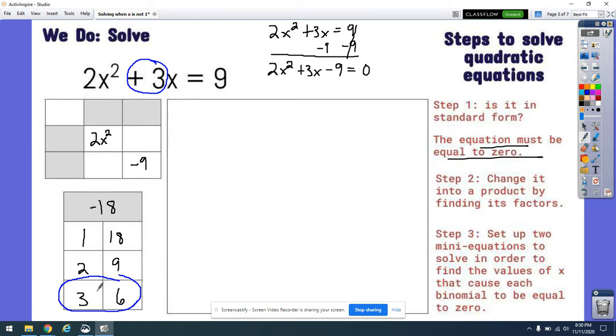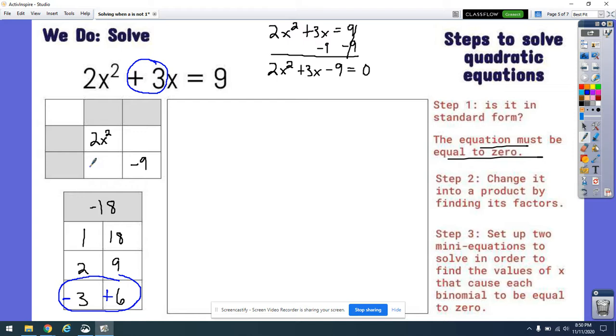Out of these, if I add or subtract, who's going to have more of it? So I'm going to have a +6 and a -3. Let's check: -3 times 6 is -18. -3 plus 6, opposite signs, so they subtract: 6 minus 3 gives +3. So that's our two factors.